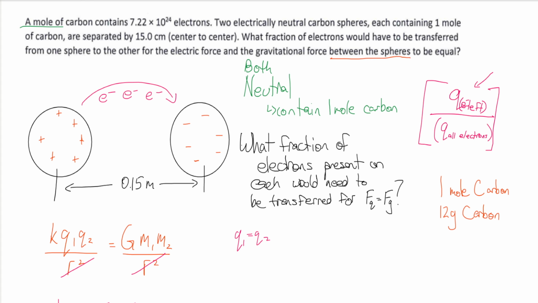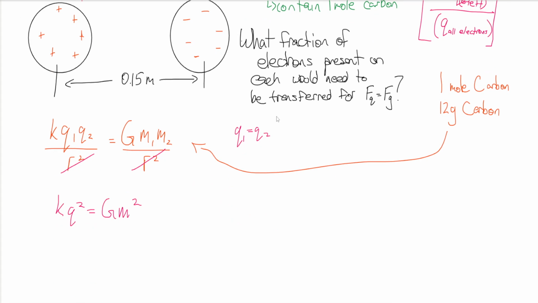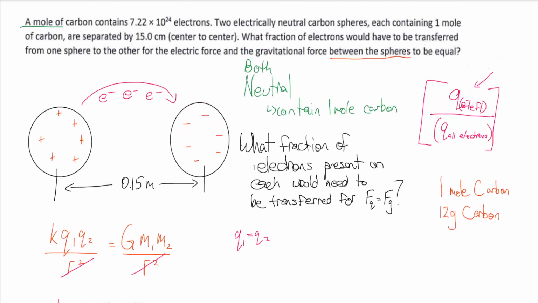So if that was the case, then we could use that in our masses, and now we could solve for Q, right? Yeah, it's definitely a little unfair.